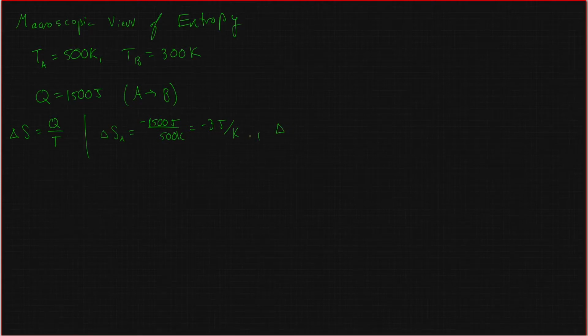And if we also apply that equation to system B, we should find that it gains 1500 joules of heat, but it's at a lower temperature, 300 Kelvin. So even though it gains the same amount of heat that system A loses, its change in entropy is plus 5 joules per Kelvin. So this one loses entropy as heat flows out. This one gains entropy as heat flows in.